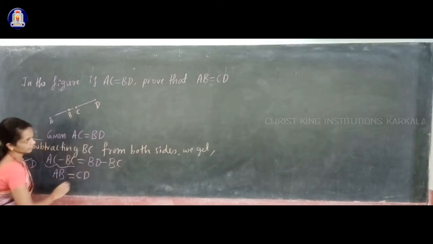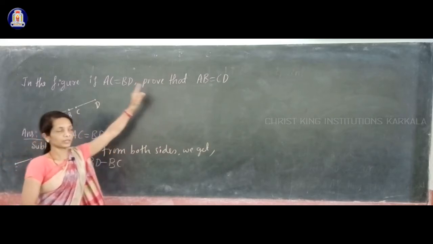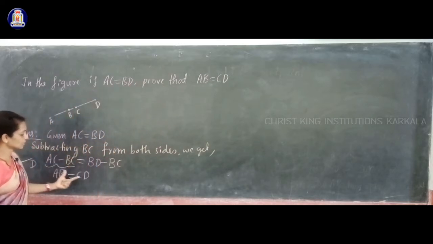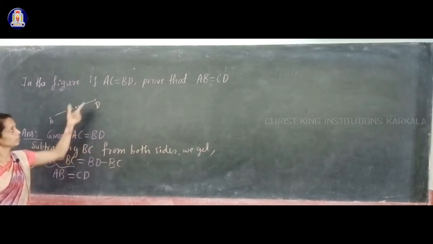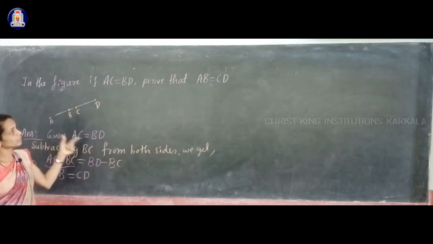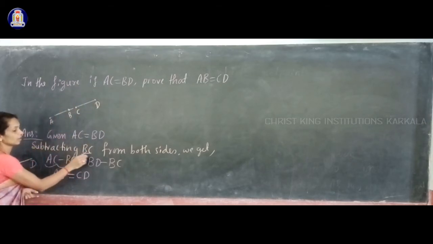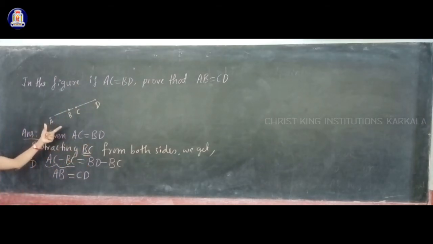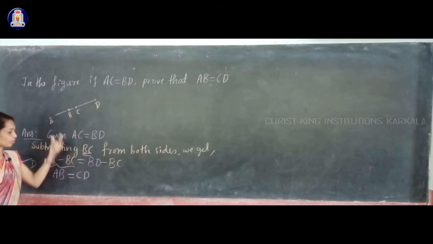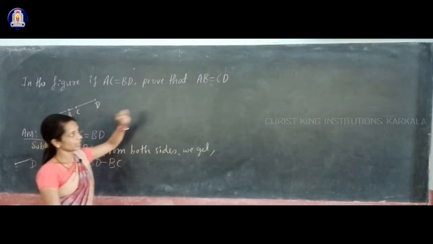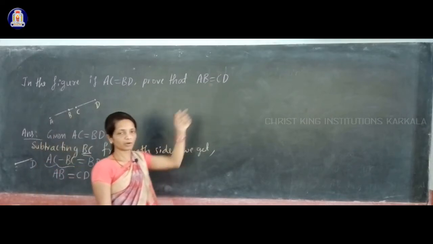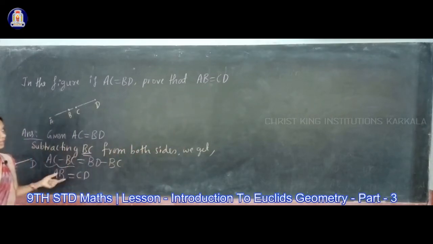That is what we have to prove, AB is equal to CD. So you just subtract the same quantity, BC, from both sides of the given AC equal to BD. If you delete the BC portion from AC and BD, you get AB on one side and CD on the other side, and they are equal.